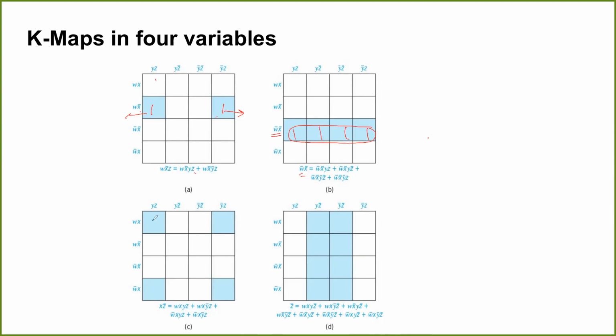Tell me about this one. Are these 4 cells adjacent? Yes, can we combine them, class? Yeah, we can do them like this because we have left, right, as well as top, bottom combination. So what is the equivalent expression?